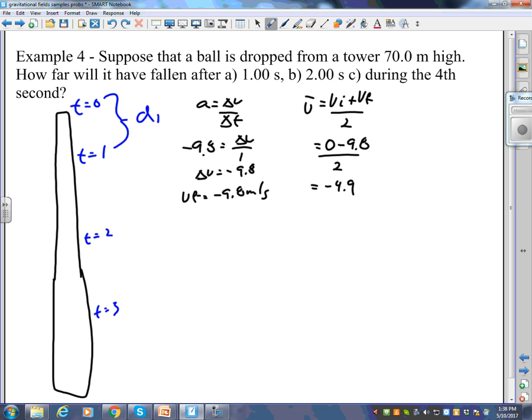Minus 4.9 is the average, right? And now d bar equals d over t. Minus 4.9. One second. Oh, this is easy. It's fallen 4.9 meters in the first second.